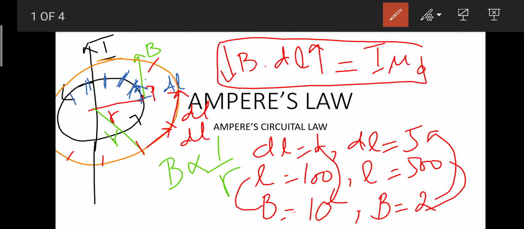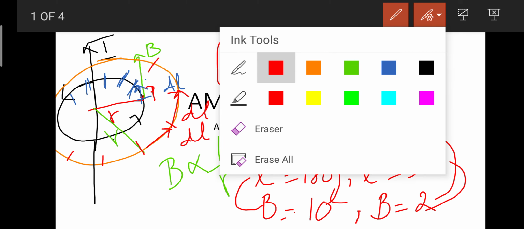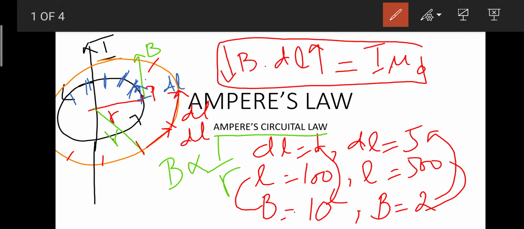Ampere's law is also known as Ampere's Circuital law. This Ampere's Circuital law, what does that mean? Why is this name given to it? Because for every configuration which you will notice, we have drawn an Amperean loop just like a Gaussian surface. We are going to draw a closed figure, right?